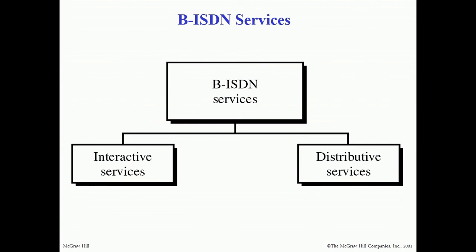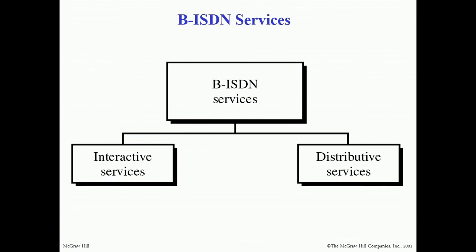Three classes are distinguished, and each class includes several examples. For example, conversational services include video conferencing and video telephony, and shopping, learning and online research are included among interactive services. So these are interactive services.